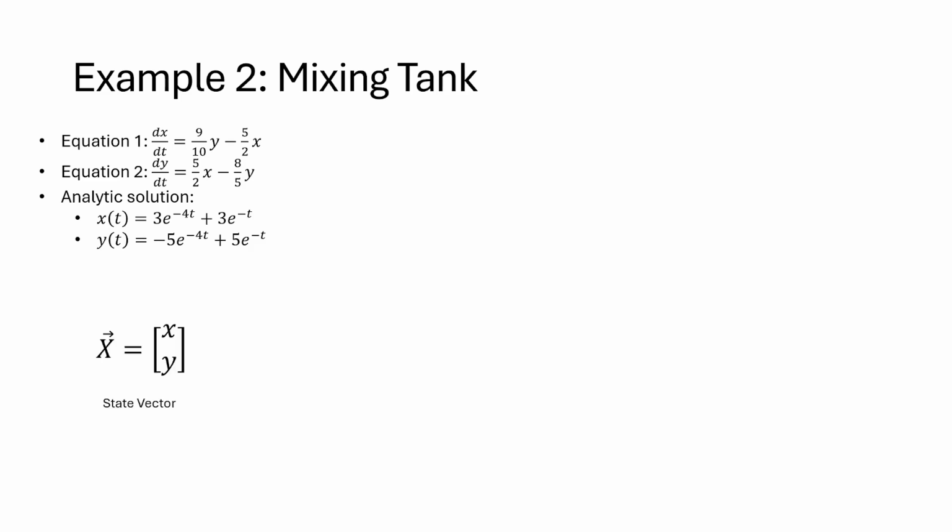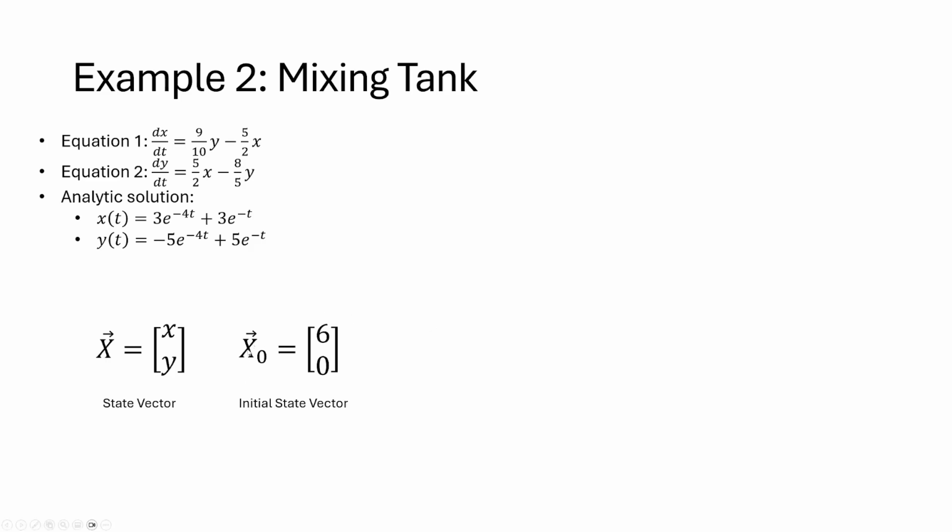So let's have our state vector. In this, we have the moles of x and y. So our state vector is simply x and y. We want to put in our initial conditions, which is that the initial concentration in tank A is 6 and the initial concentration in tank B is 0.